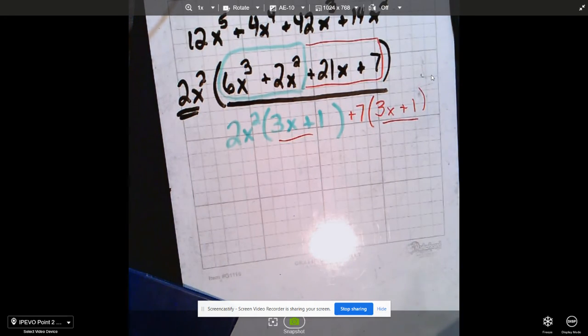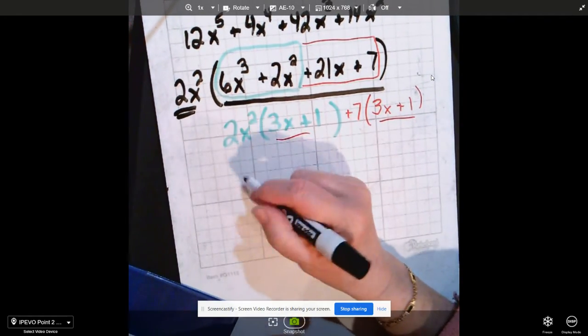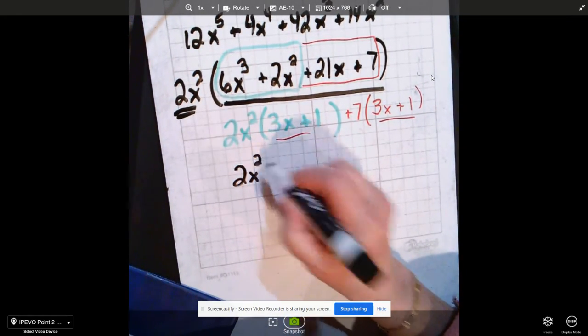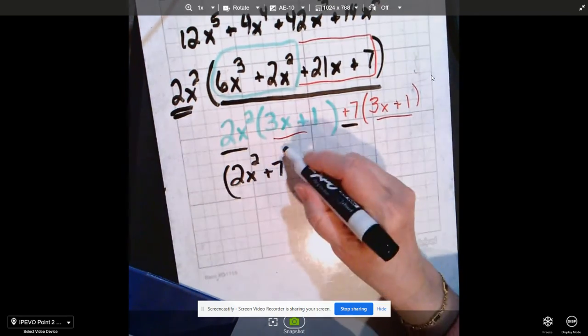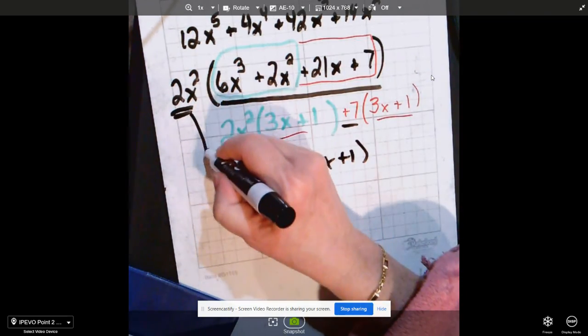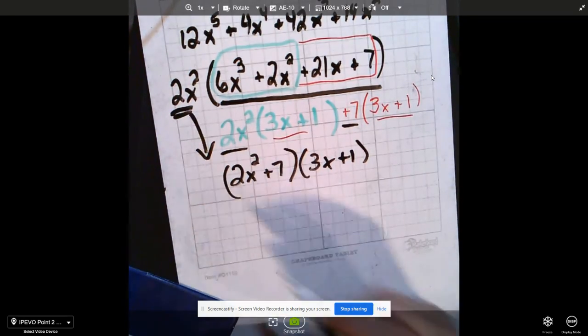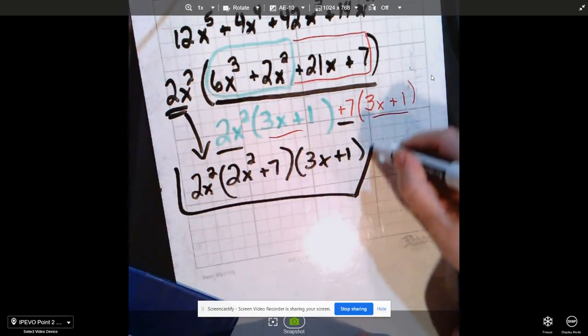So what that tells me is that this polynomial right here factors out into 2x squared plus 7, putting those two together, and 3x plus 1. But I can't forget that I took that 2x squared out initially, so I have to still put him back out front, and then this will be fully factored.